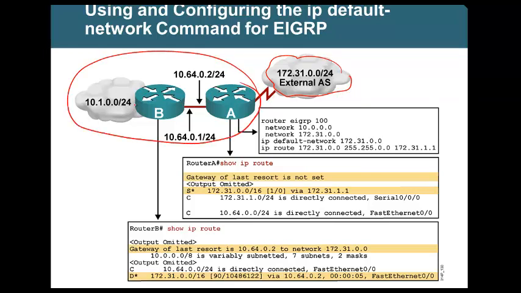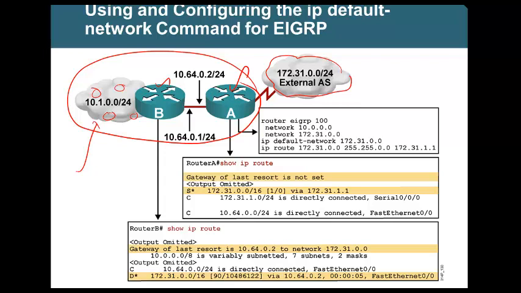Now, in your organization, if you do not want to learn the routes of Yahoo, Facebook, Google, what you use is a default route. Do you agree? For all unknown destinations, we always use a default route. Our own networks within an organization, we will use specific routes, using EIGRP we'll advertise. But for the internet, we will try to use a default route.